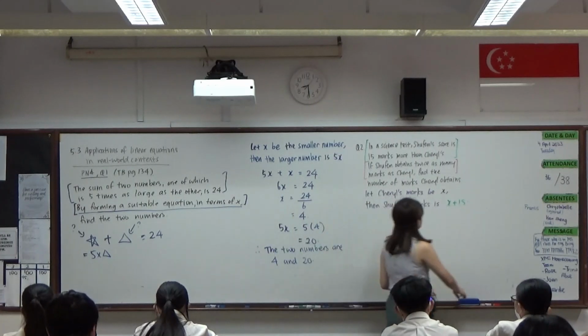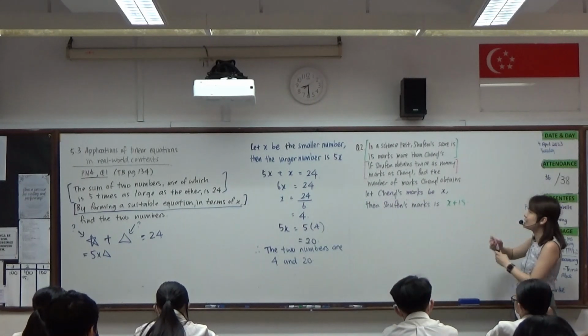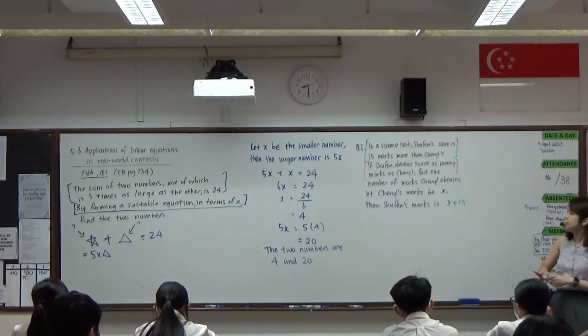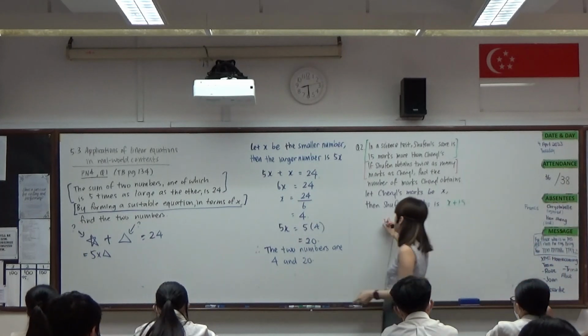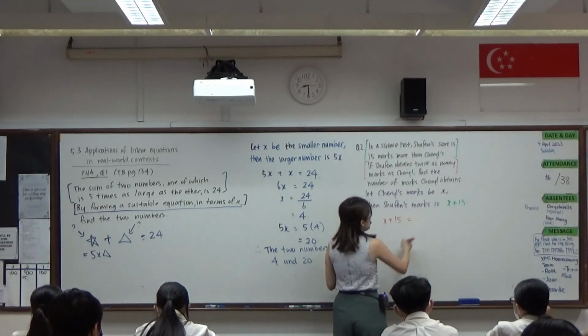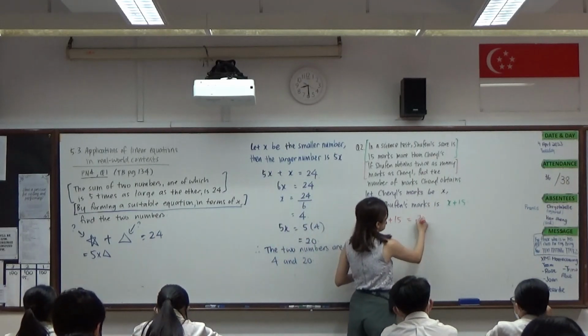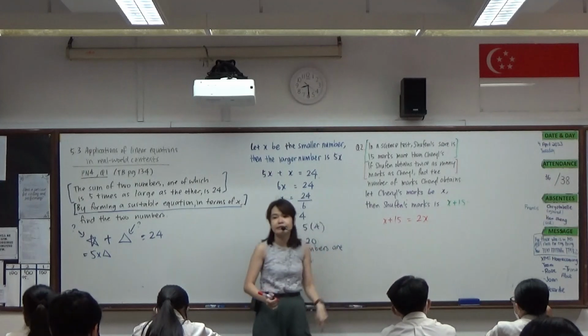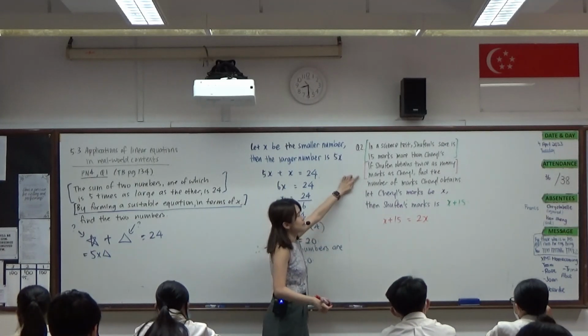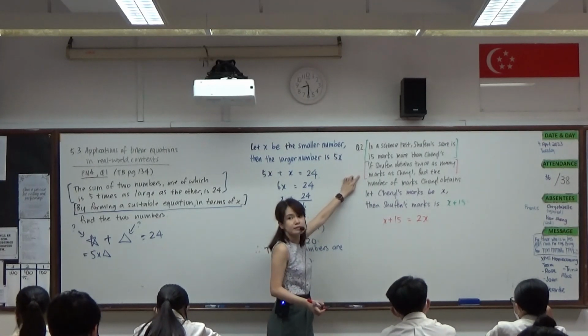It says that Shufan obtains twice as many marks as Cheryl. That means that this X plus 15 over here should technically be equal to 2 times Cheryl's marks, which is 2X. So I formed this equation by making use of the second sentence.